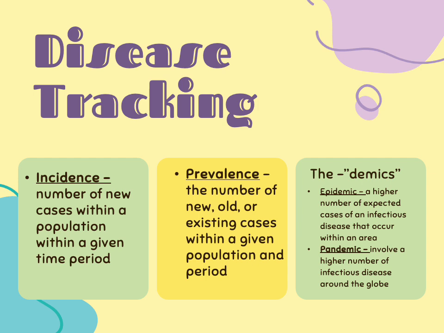We saw that even here within the United States, when it got here, you saw this influx of disease for COVID-19. So once it starts hitting different areas within the globe, you start calling that a pandemic. If it's just localized to one area, we just call that an epidemic. But both of these look at the incidence, or the number of new cases within a population within a given period.